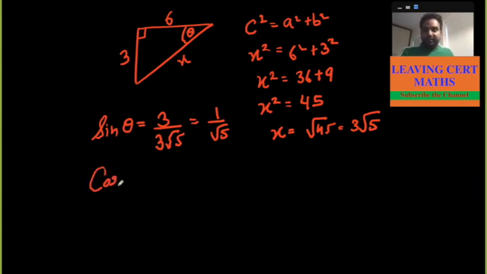Now, what is your cos theta? Cos theta is adjacent over hypotenuse, which is 6 over 3 root 5. Very good. If you put it in the calculator, you will get 2 over root 5.